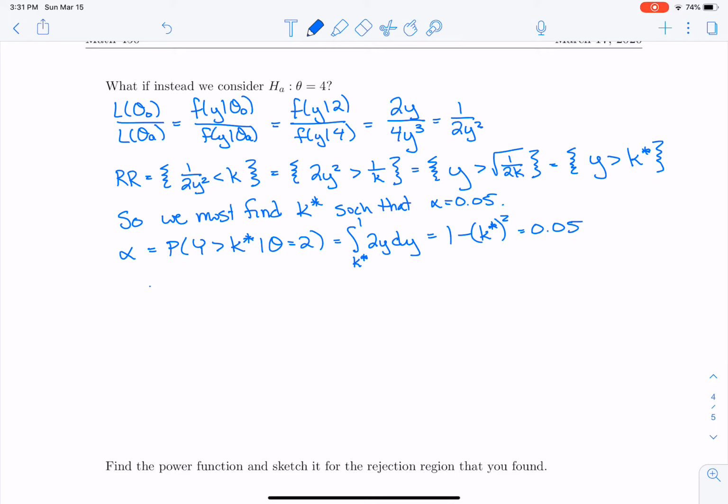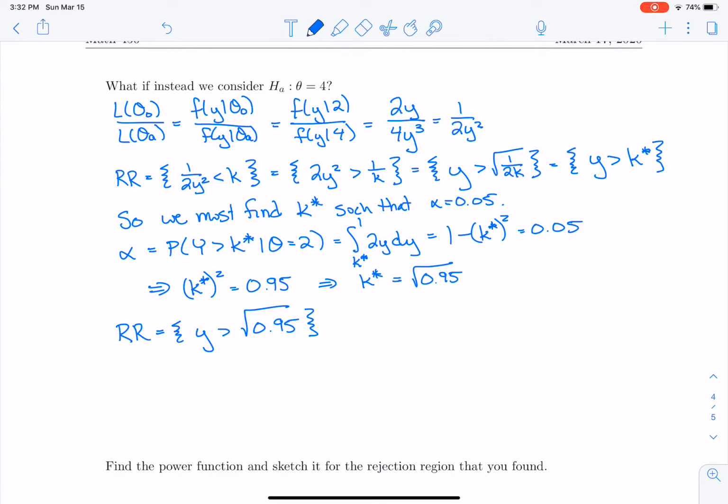Well, that tells us that k star squared is going to be 0.95, and so k star is the square root of 0.95. Okay, so our rejection region in this case is y greater than the square root of 0.95.